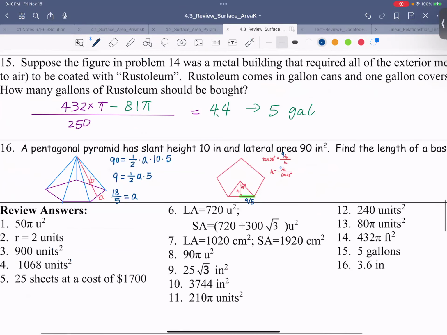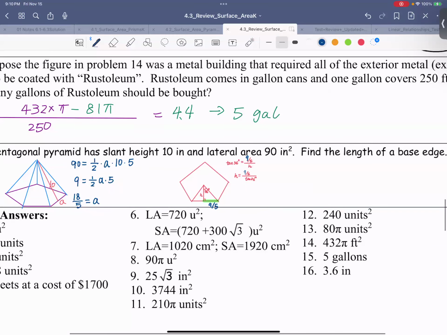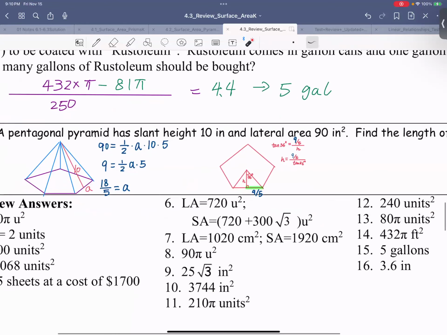And then we want to find out the base edge. So this is the base edge. I give you guys a challenge question. If I ask you the volume, the pyramid volume is 1/3 the base area times the altitude.